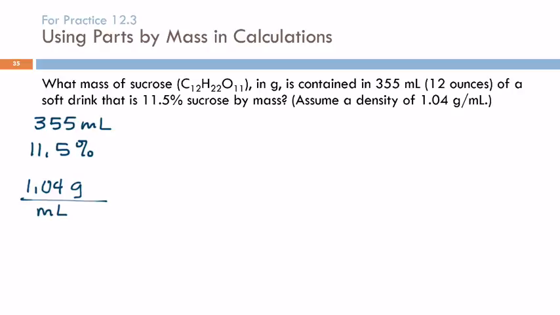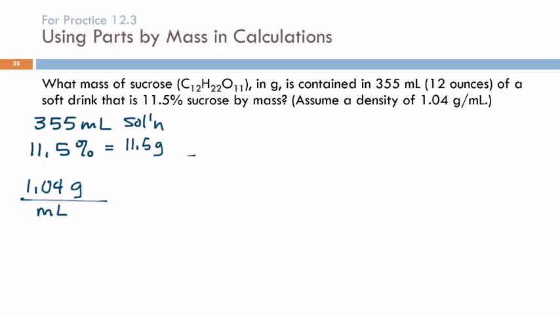Okay, back on track here, we decided that this is the solution. 11.5%. That is 11.5 grams per 100 grams, right? Yeah, that's a lot.